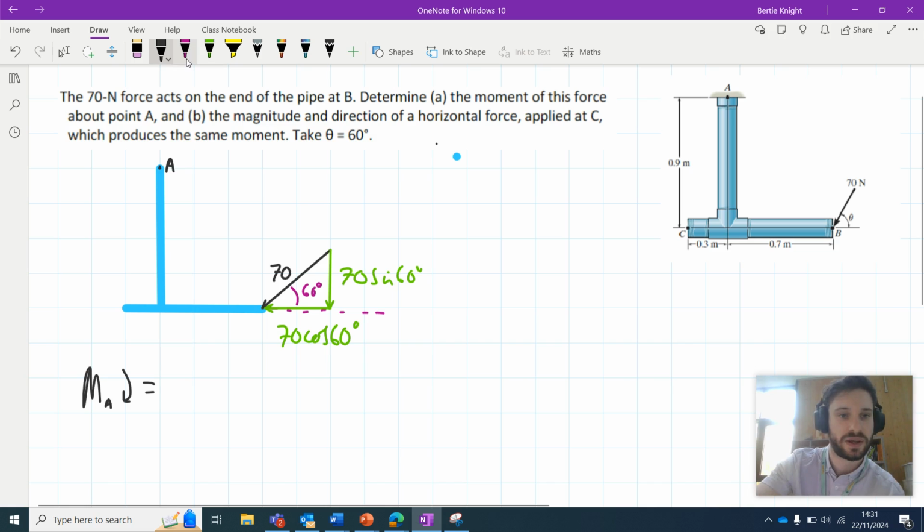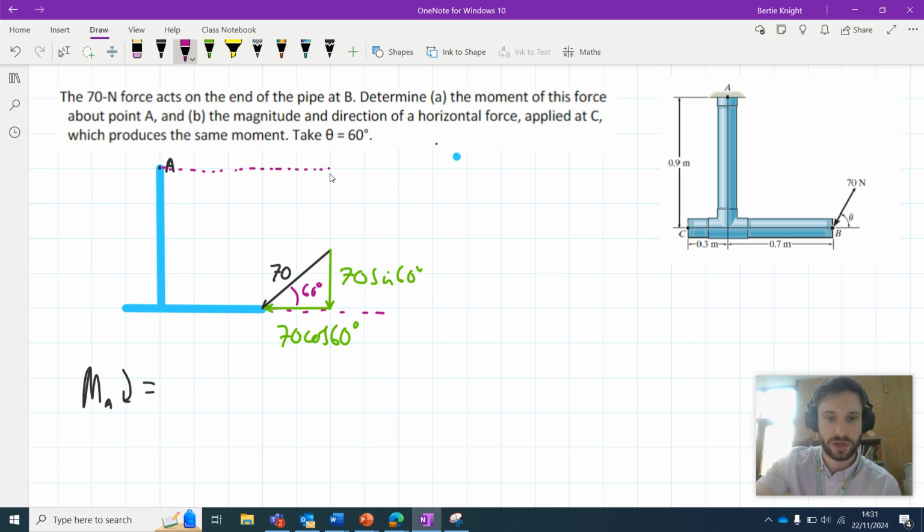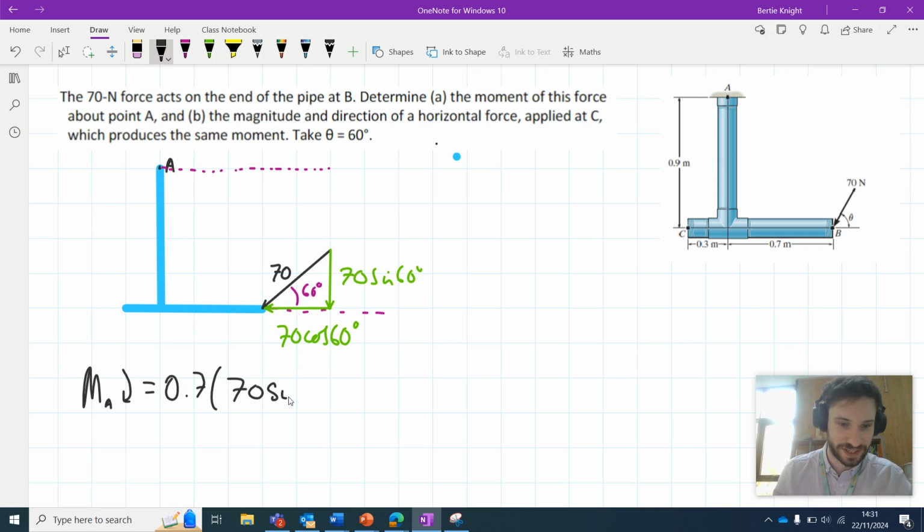In the case of the vertical component, we multiply this magnitude by the perpendicular distance from the point, which from our diagram is 0.7 meters. So from the vertical component, we have 0.7 times 70 sine 60.